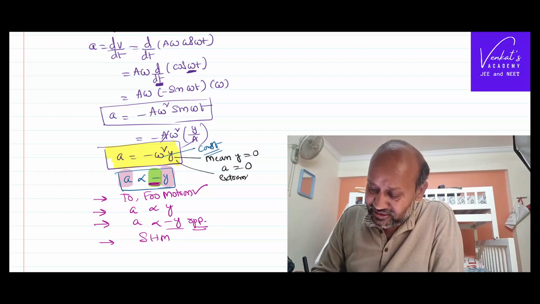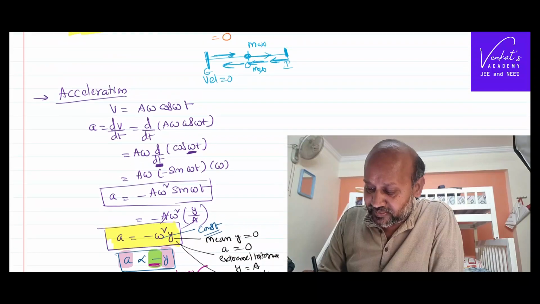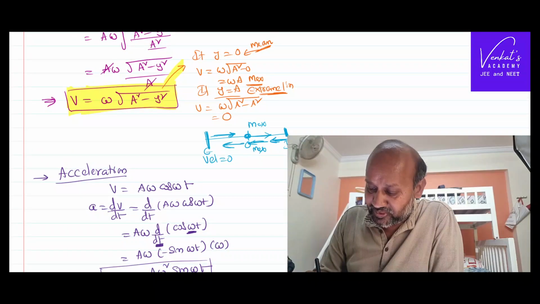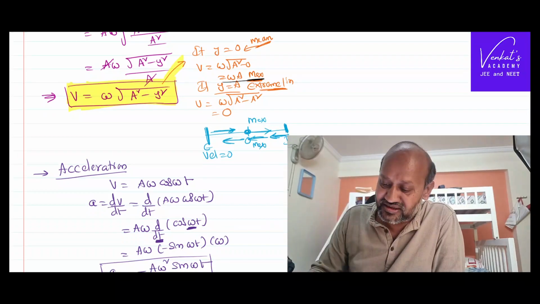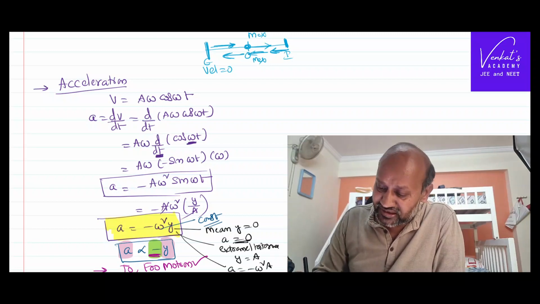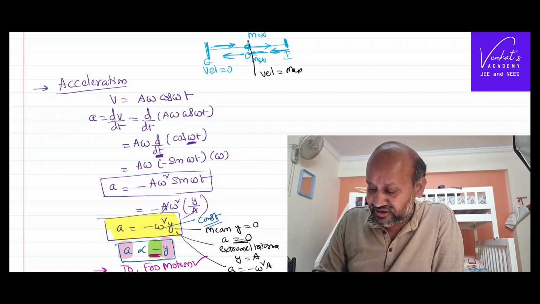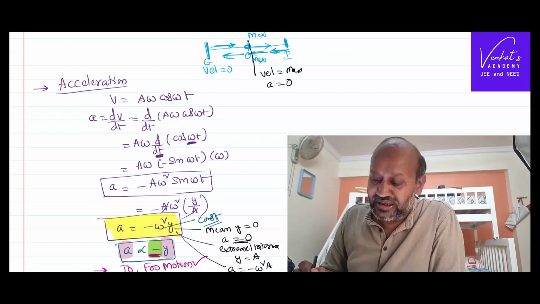At the extreme position, displacement is amplitude and acceleration is minus omega square a, maximum. At the mean position, velocity is maximum, but acceleration is zero.